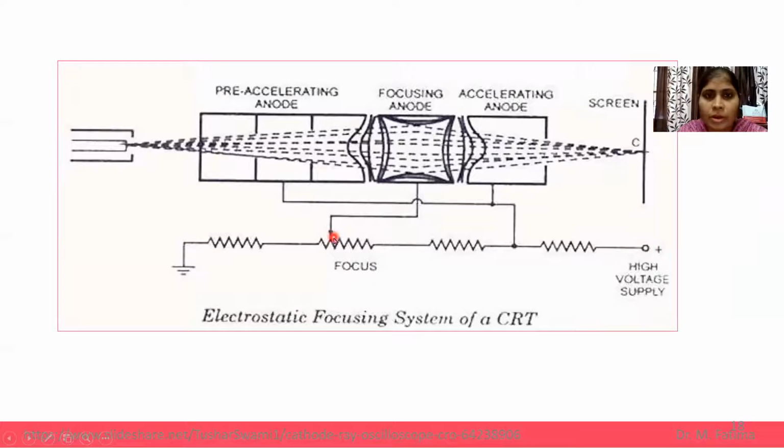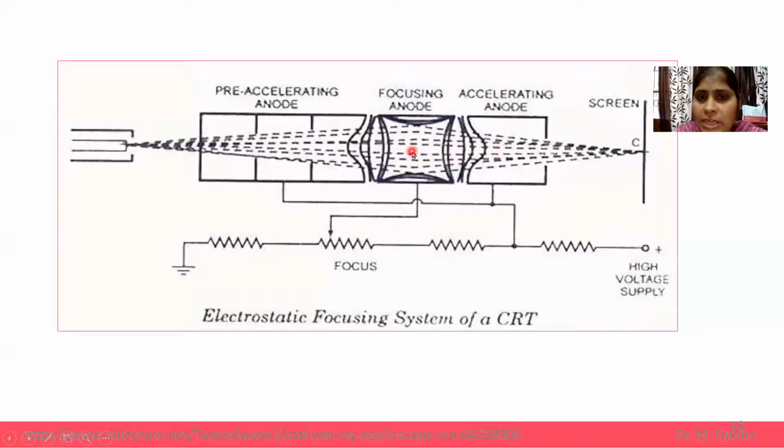The cathode emits the electrons, which start moving towards the aperture, and when they enter the pre-accelerating anode, since it has a more positive potential, the electrons are attracted towards it and move on. But when they move towards the screen, these electrons get scattered. The focusing anode has low potential, so the electrons are not very concise towards the center of the CRO.